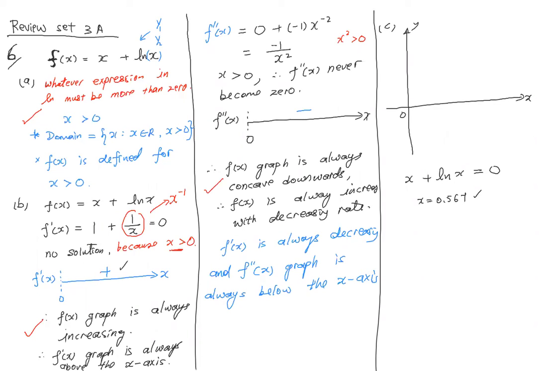You will get a graph like that. So how are you going to find the zero here? You tell me from the graph.